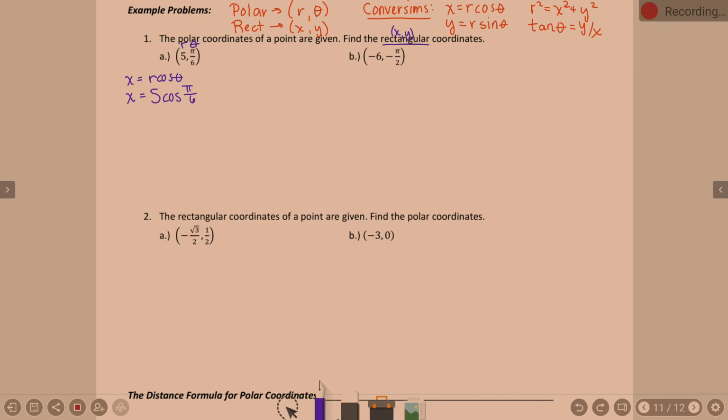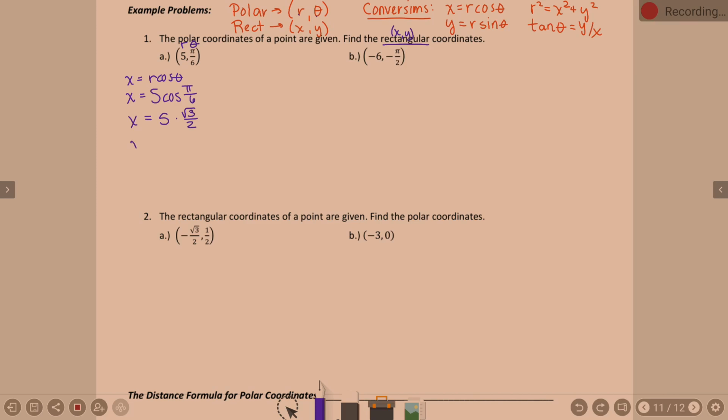What do you guys remember, or what can you observe about cosine of pi over 6? It's the square root of 3 over 2 according to my chart. So one way to do this is to say 5 times the square root of 3 over 2.